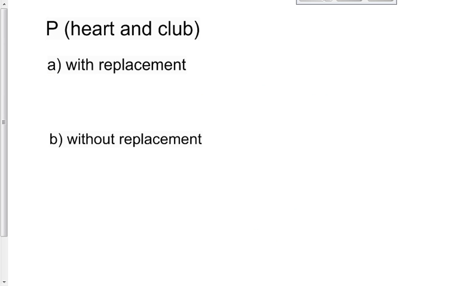Next one is dealing with hearts and clubs. So what's the probability that I will draw a heart and then a club, and I'm going to replace the card after I look at the first one, which means probability heart, probability club. How many hearts are in your deck? 13 over 52.